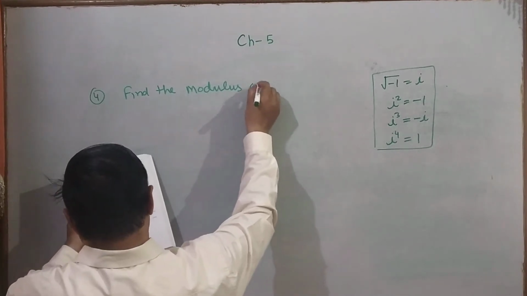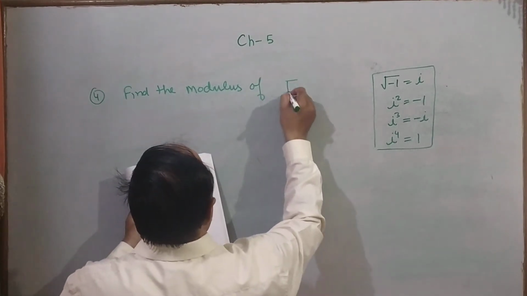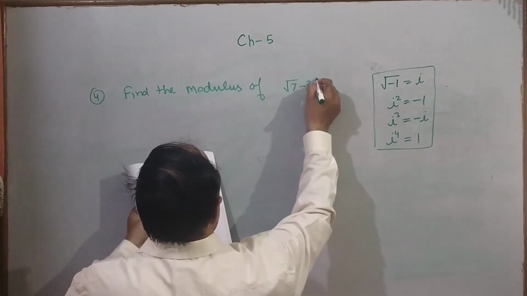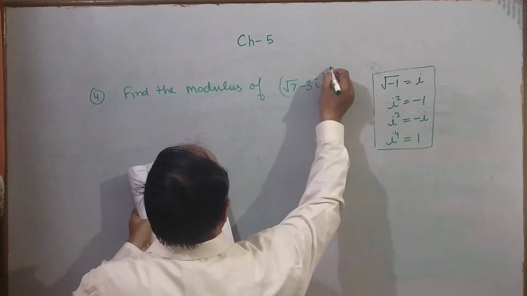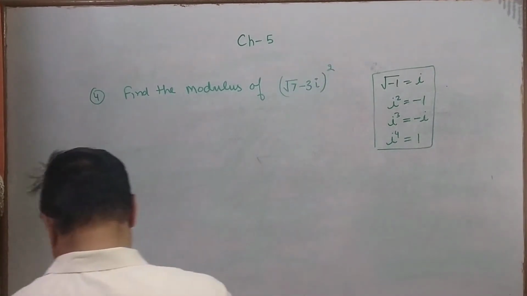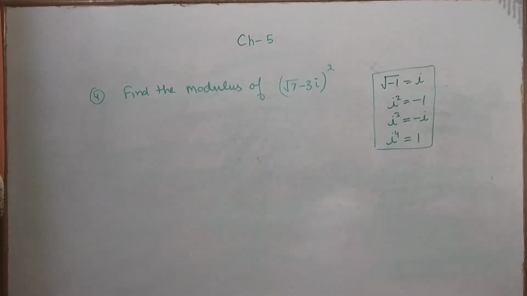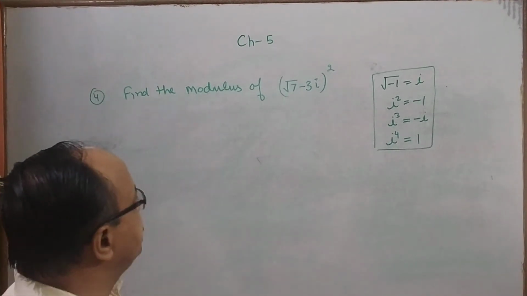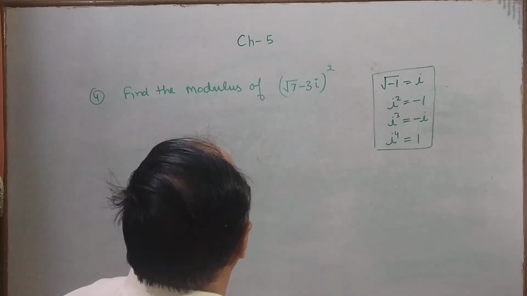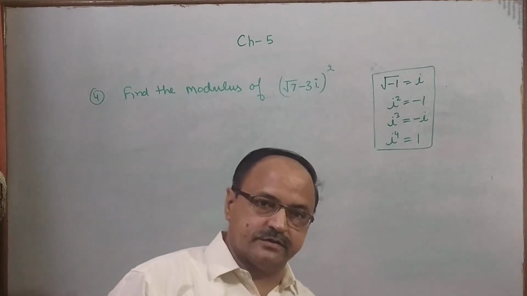Find the modulus of root 7 minus 3 iota whole square. Correct?